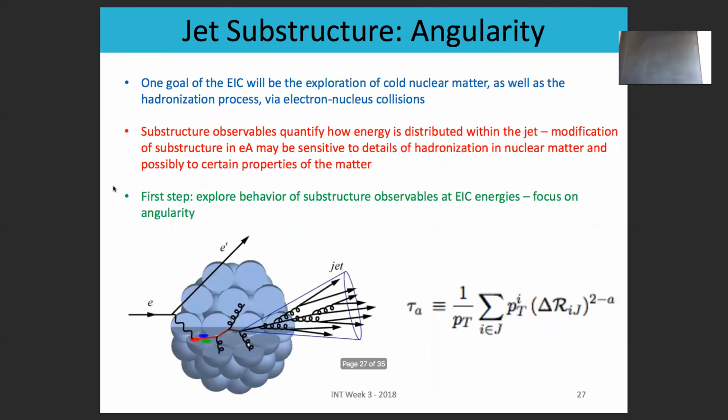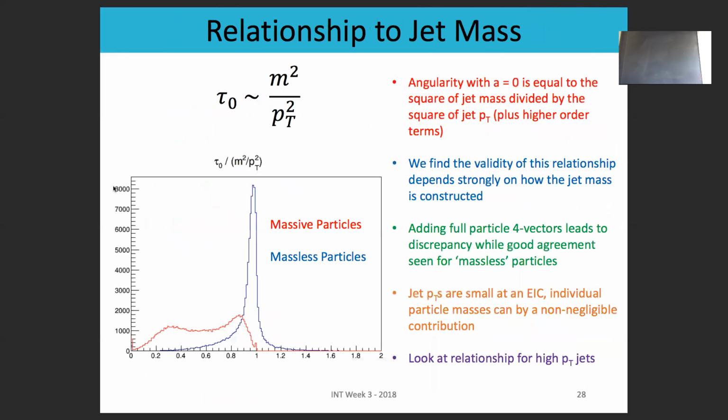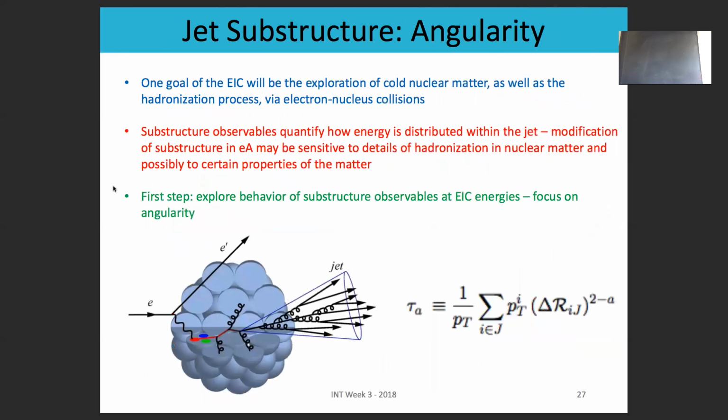Maybe I'm out of time, so I'll just talk, we're also looking at substructure. One point I want to make is when we're thinking about jets at an EIC, there are some things you have to keep in mind. There's this relationship if we're looking at an angularity quantity like this.